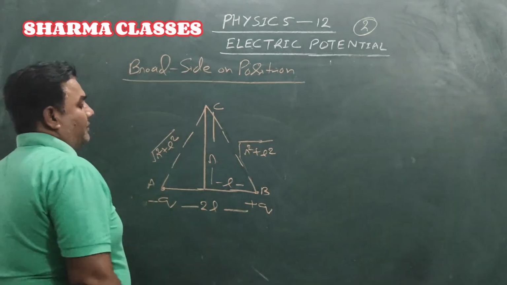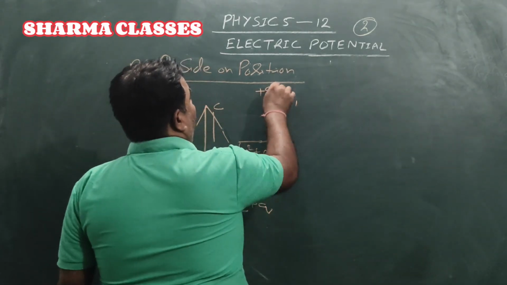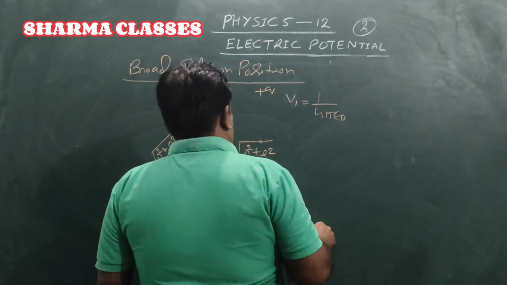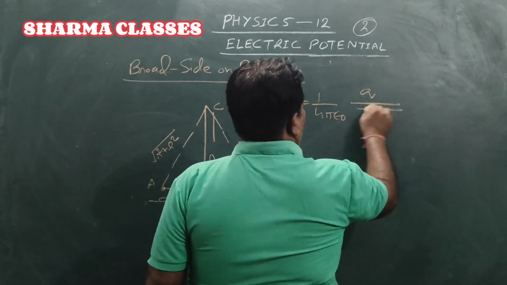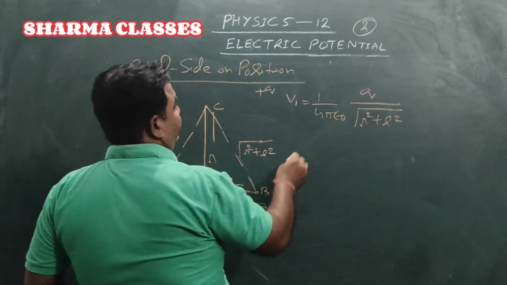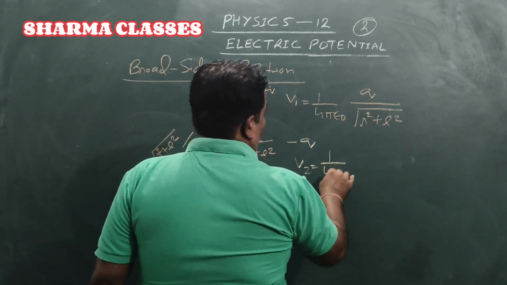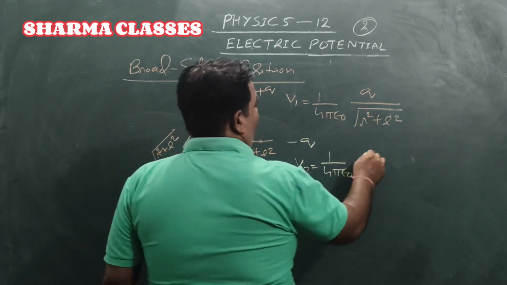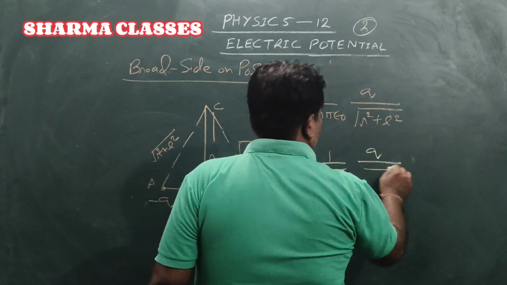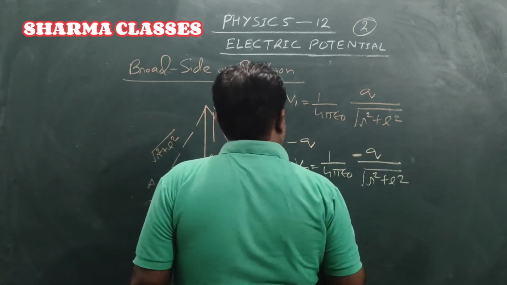So due to plus q charge, the potential at point C, V1, is equal to 1 upon 4 pi epsilon naught, q upon under root R square plus L square. And due to minus q charge, the electric potential V2 is equal to 1 upon 4 pi epsilon naught, q upon under root R square plus L square, but with a negative sign due to minus q charge.